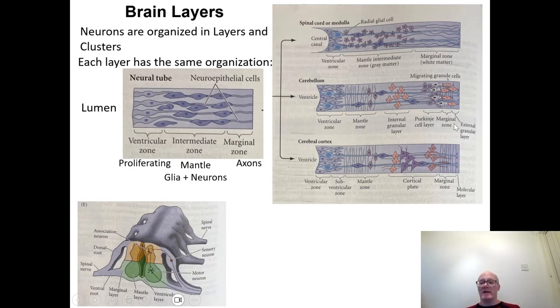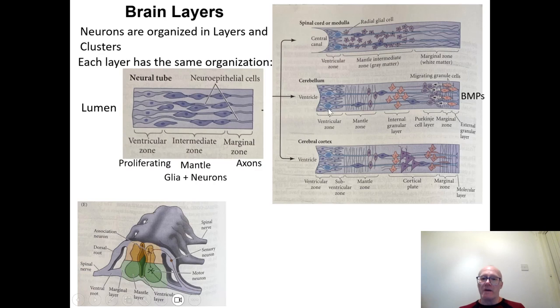These granular cells start to divide because of BMP signaling. After that, the cells migrate internally and form an internal granular layer. You can see them here.